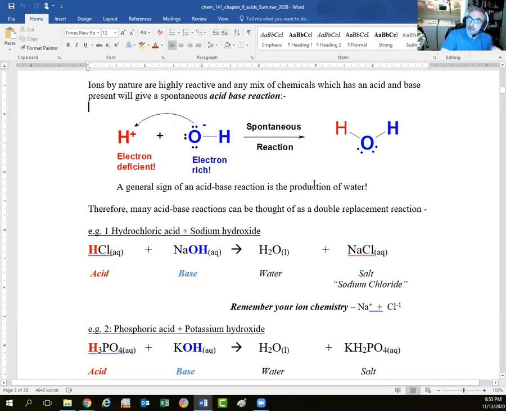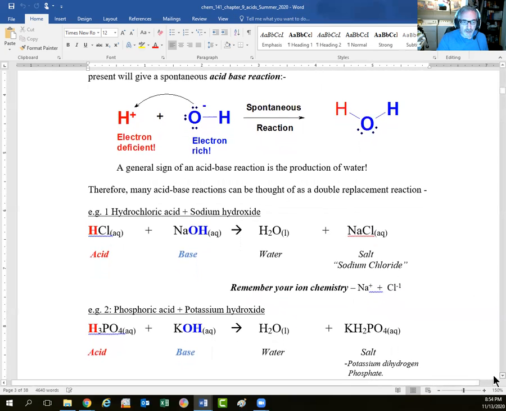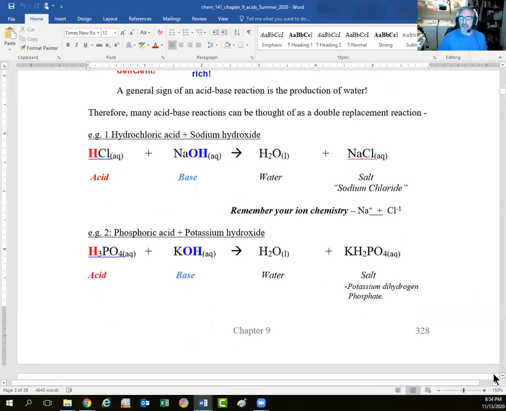And for many years, we used to think, historically, that this was a sign of an acid-base reaction, a reaction that produced water. It's certainly commonly found in many acid-base reactions, the production of water, but it isn't always seen. Just because the reaction produces water doesn't mean it's an acid-base reaction, but it does give us a simple way of predicting the products for common acid-base reactions.